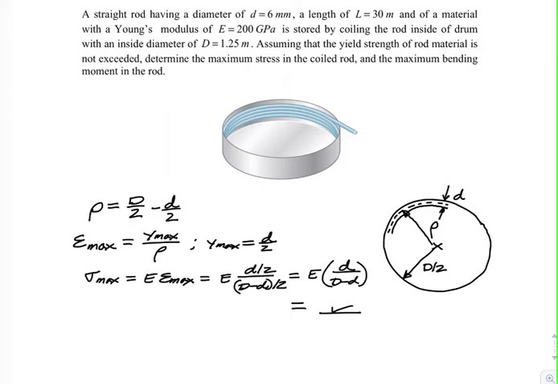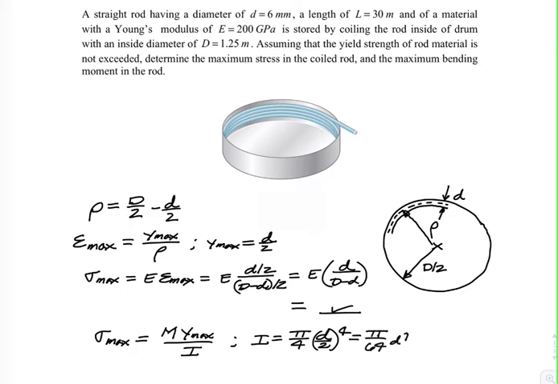The other fundamental equation that we're going to use is that sigma max is related back to the bending moment M, times y max, the maximum distance from the neutral surface, divided by the second area moment of inertia I. For a circular cross section, I is pi over 4 times d over 2 to the fourth, so this becomes pi over 64 d to the fourth.